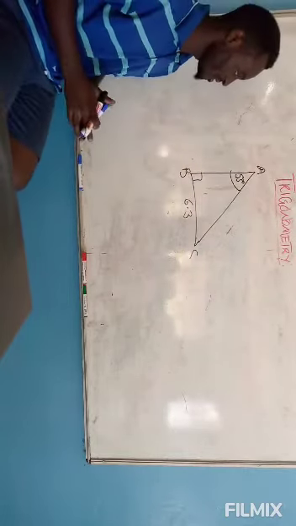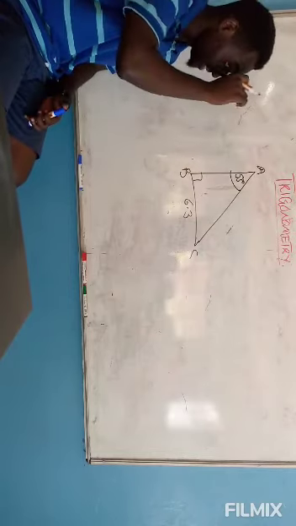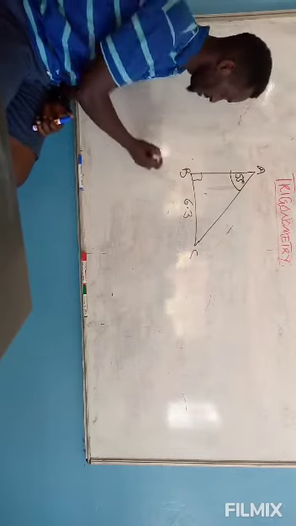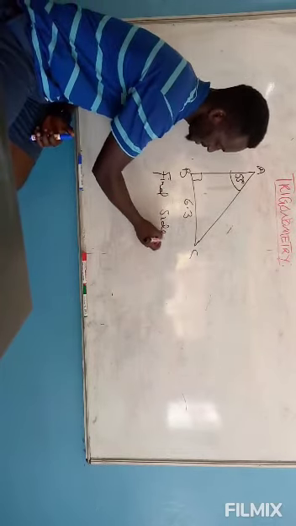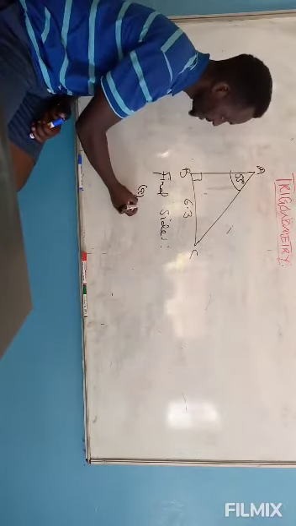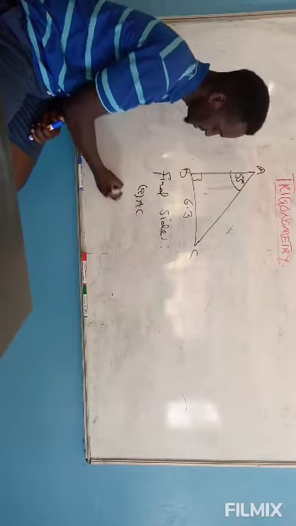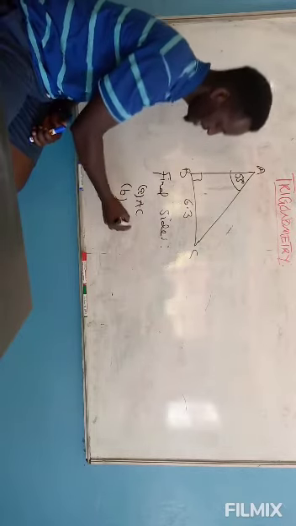Now, my question is, can you find the 2 sides, let me write that, find side AC and side AB.